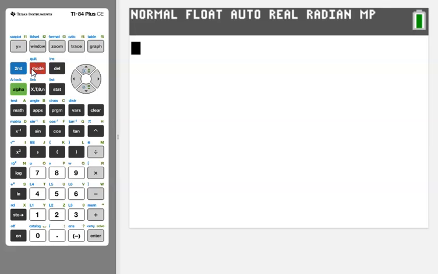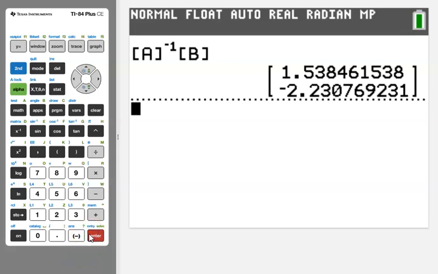Instead of typing second matrix 1 inverse second matrix 2, which we have been typing over and over, type second enter. Second enter will retype the last thing that you typed, and that is what we typed in our previous problem. So it will basically type all those keystrokes for you at once. Now when you type enter, it will give you the solution.